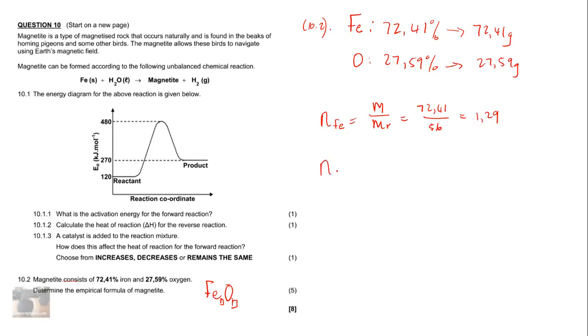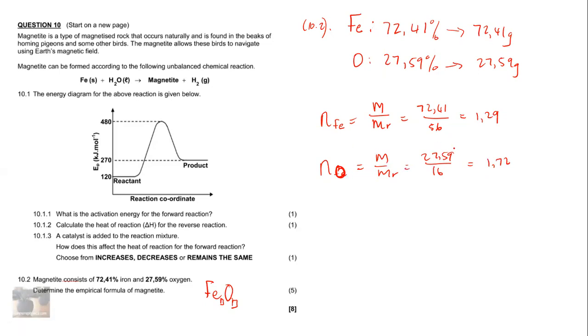And therefore, what will be the number of moles of oxygen? Now we're talking about oxygen. We're going to use mass over molar mass, and the mass for oxygen will be 27.59 grams divided by the molar mass of oxygen. We know that it's 16, right? So that means 27.59 divided by 16, and to 2 decimal places we get 1.72.